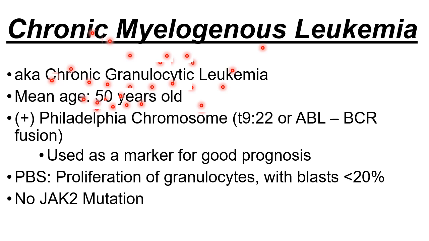And again, it has genetic mutation called Philadelphia chromosome. Sa Philadelphia chromosome, meron tayong translocation of your chromosome 9 and 22, causing your fusion of ABL and BCR gene.